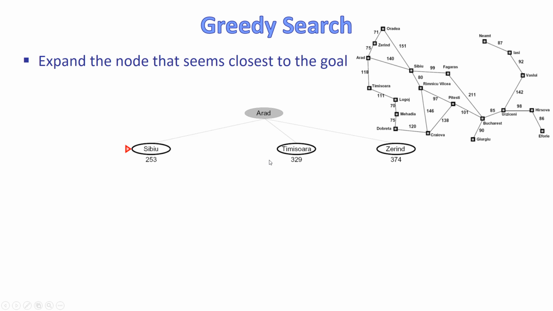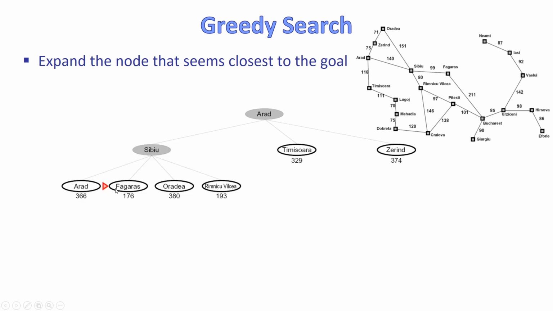From the heuristic function, which will give us that estimation. Based on the heuristic values, we get Sibiu, or however it's exactly pronounced, with 253, so it's the one with the least cost to the goal. So this is the one that we will take out of the fringe and expand into its 4 neighboring states. Now we look at which of them is closest to the goal.